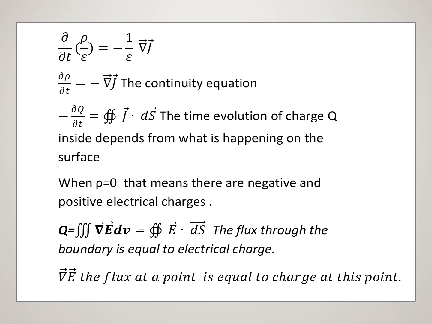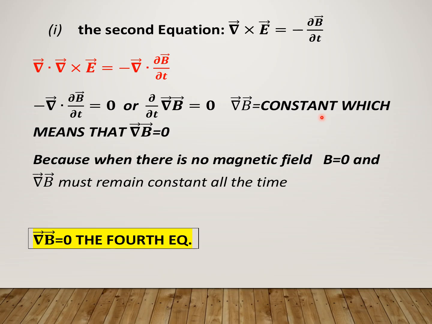Now, from the second equation, which is the cross product of del operator with E, if we take the dot product of both sides of this equation, we will get this equation, in which the left hand side is equal to 0, as we said before.